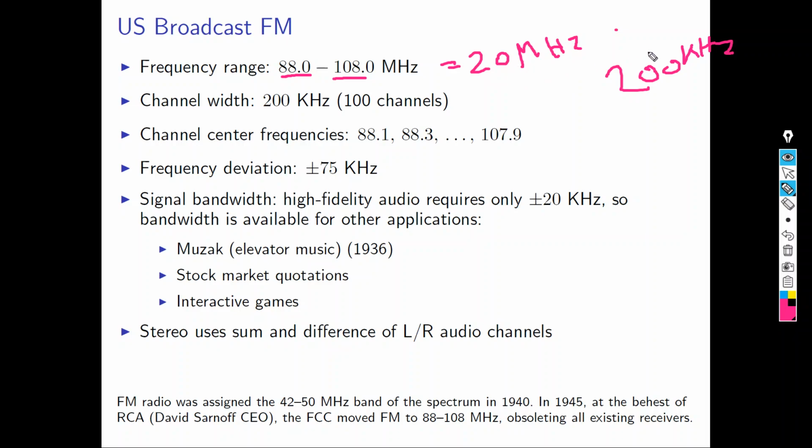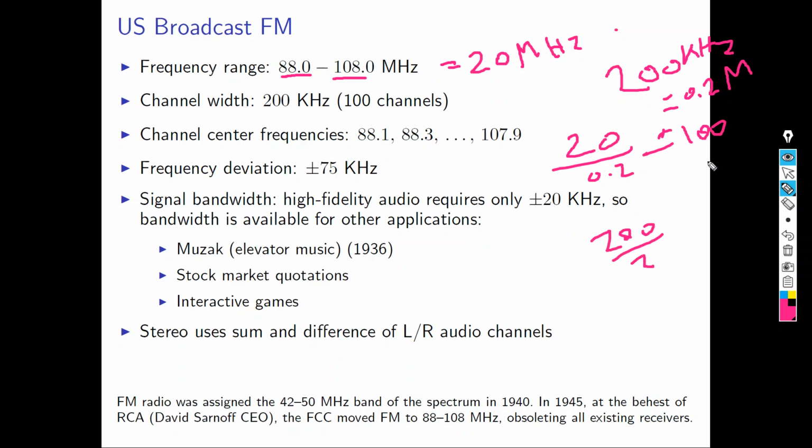You divide this total bandwidth, 20 megahertz, over 200 kilohertz. 200 kilohertz is equal to 0.2 mega. So you divide 20 over 0.2, and you get 100. Because this is kind of 200 over 2, the 2 over 2 goes, and 100 remains. So this is where the 100 channels come from.